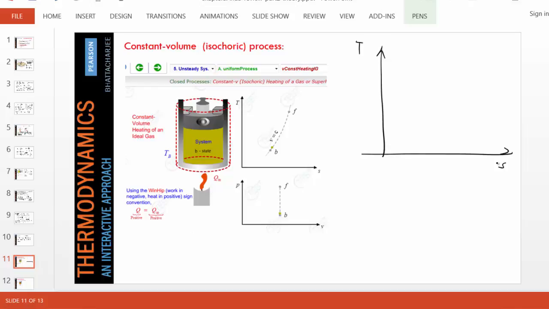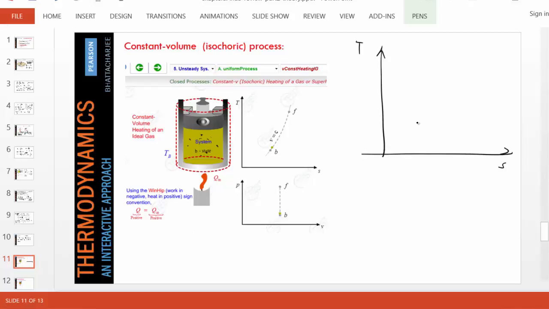Suppose at a constant volume we are heating the gas as shown here. This piston is stopped from moving by this stop. As we heat, the pressure will increase because the gas is not allowed to expand. So how should the line look on the TS diagram?